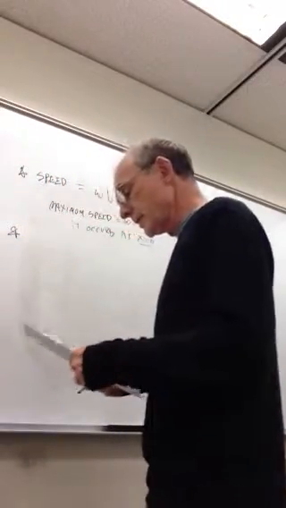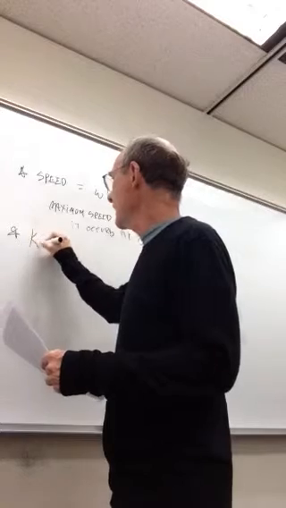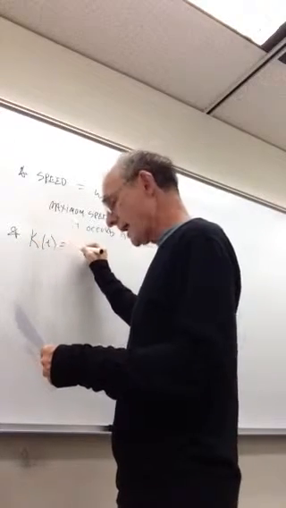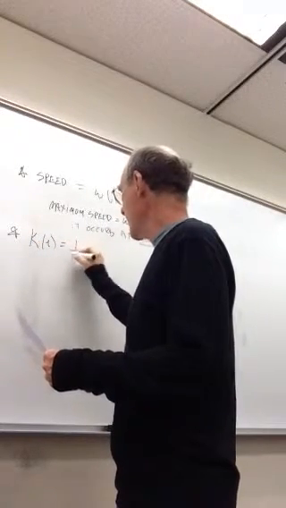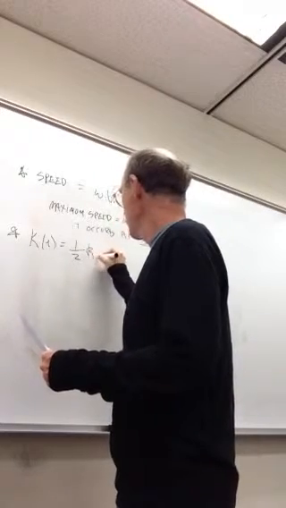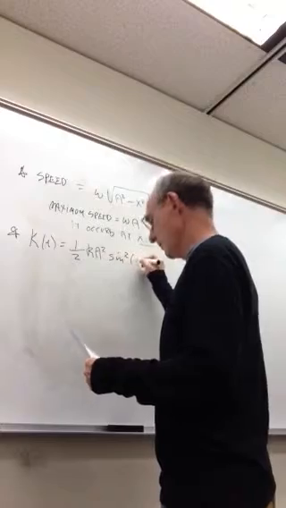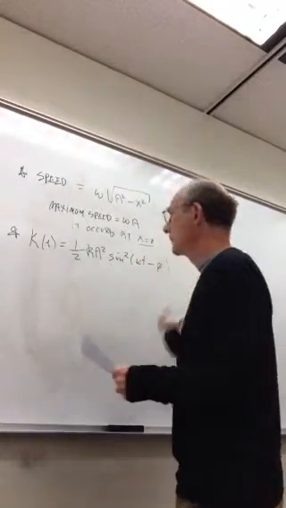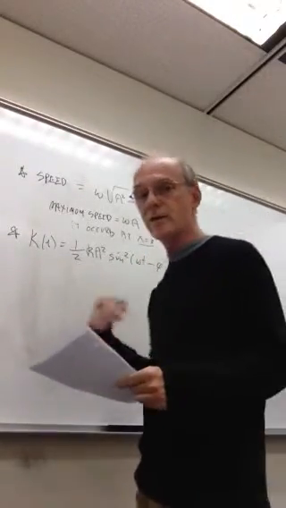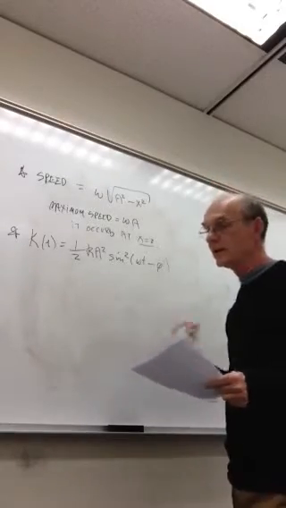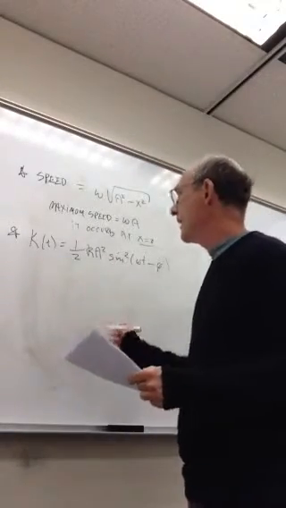The second result is that the kinetic energy of the mass is given by 1/2 k A squared sine squared of omega t minus phi. That's the kinetic energy, how much energy there is in the moving mass.